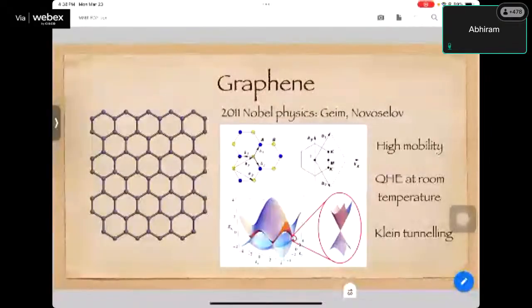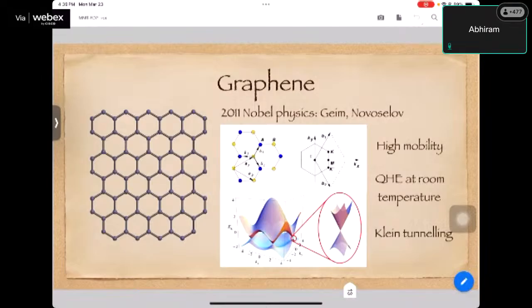And this is quite high for graphene. The other feature is the quantum Hall effect. As I said, for quantum Hall effect you have to go to very low temperatures, but in graphene you can perform quantum Hall effect experiments at room temperature. That's the specialty of graphene.